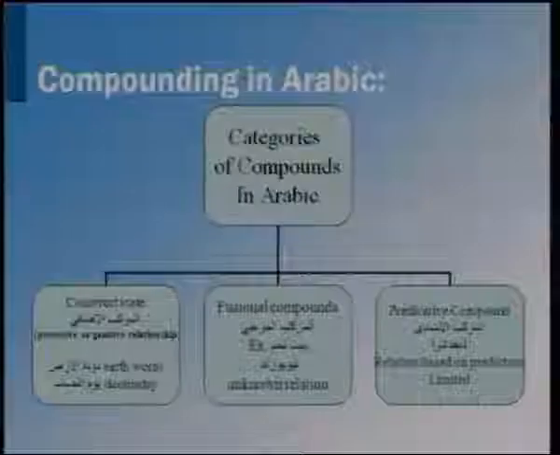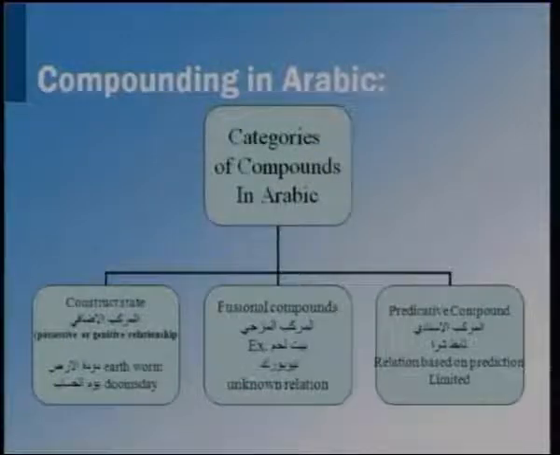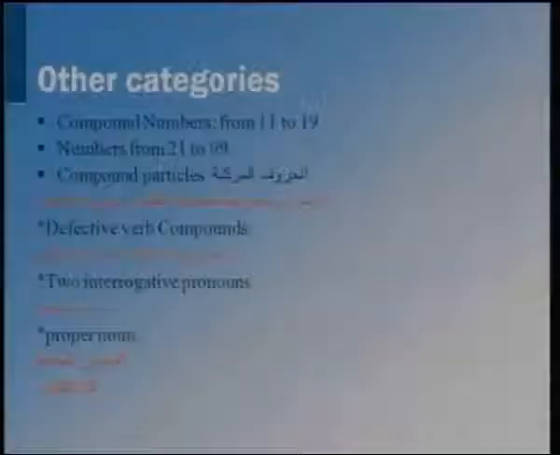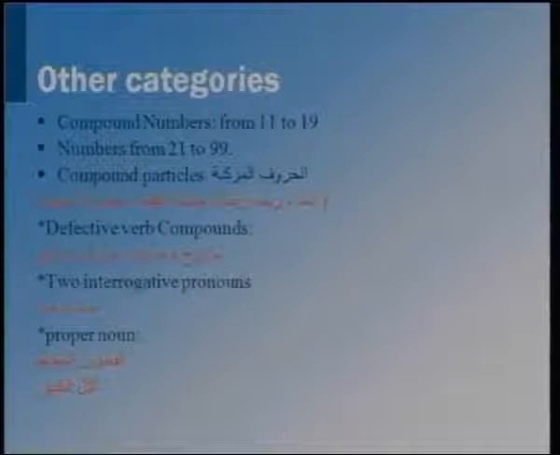We have what is called predicative compound, المركب الإسنادي, تأبط شرا. The relation here is based on predication, يعني the predicate. We have other categories of compound nouns. These are represented in compound numbers.